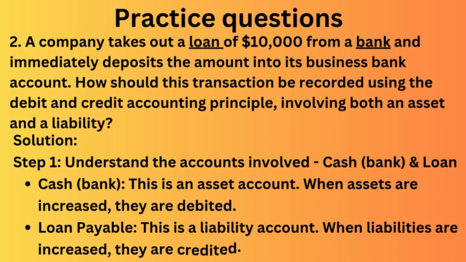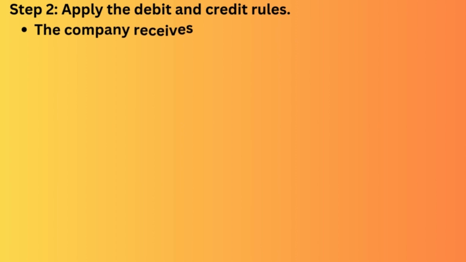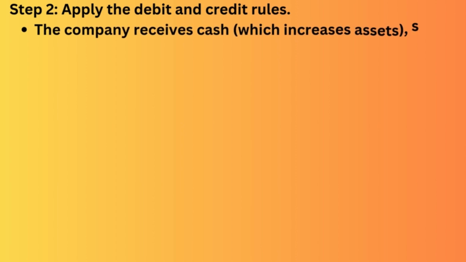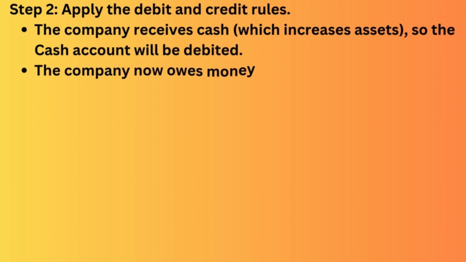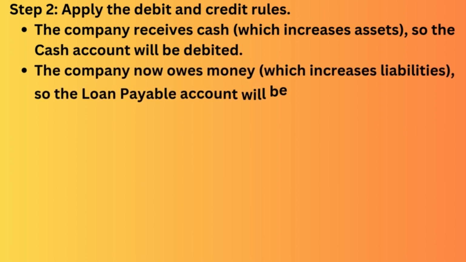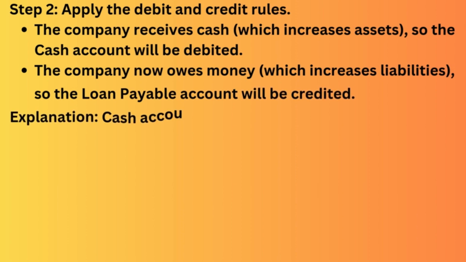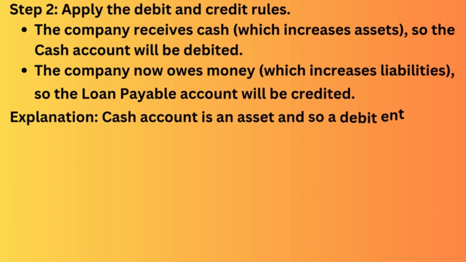Now let's move to step two. In step two, we will apply the debit and credit rules. One, the company receives cash. That means that cash is increasing, asset is increasing. So that means the cash account will be debited.